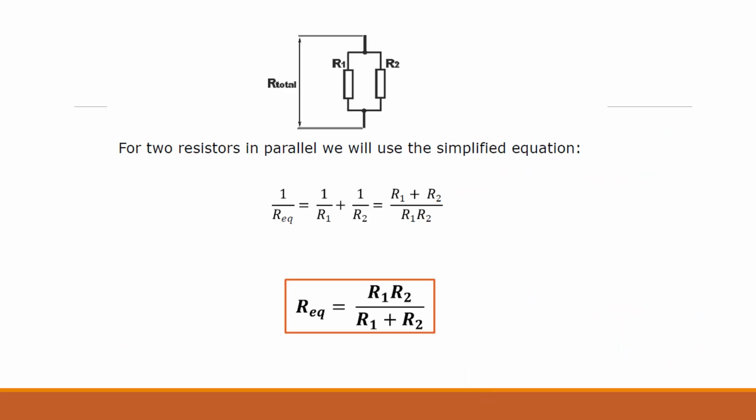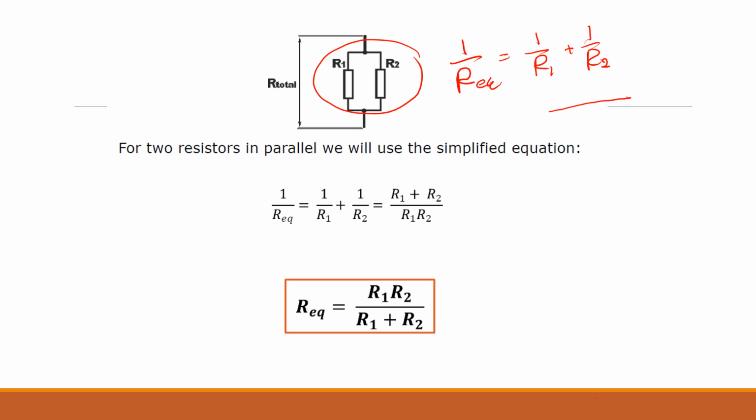In most of our circuits, we have 2 resistors. When we have 2 resistors in parallel, we can use a simplified version of the equation. We know that 1 over the equivalent resistance is equal to 1 over R1 plus 1 over R2. We can simplify this.